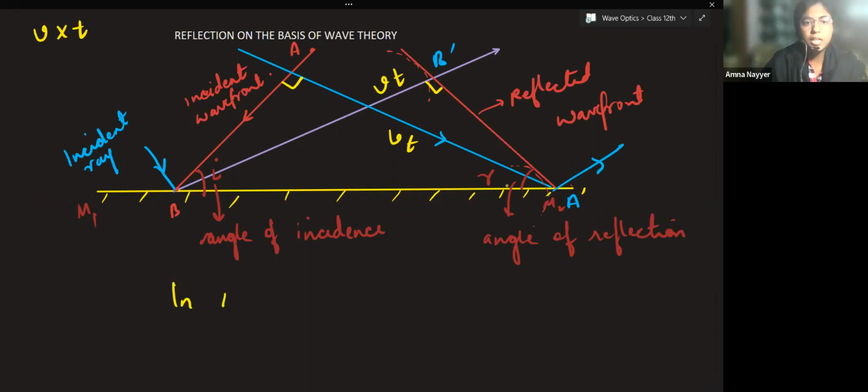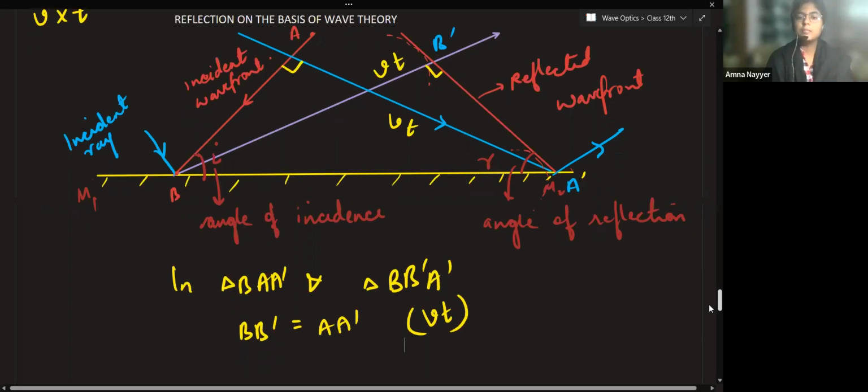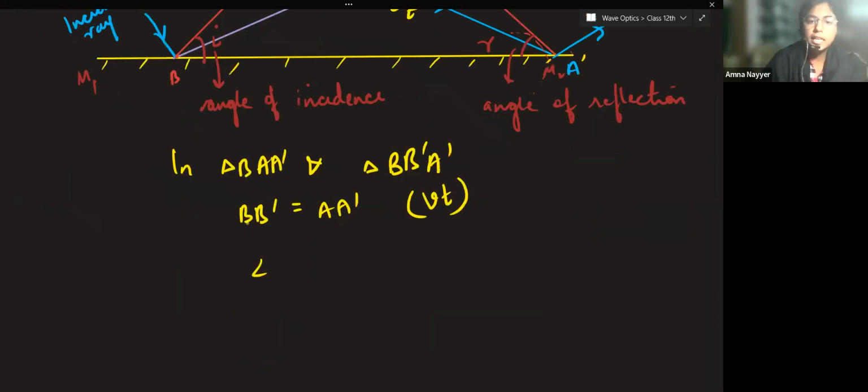If you look at triangle BAA dash and triangle BB dash A dash, these two triangles that are overlapping. Firstly, BB dash is equal to AA dash because both are equal to VT. Then look at angle A and angle B. Angle A is equal to angle B dash because both are equal to 90 degrees.